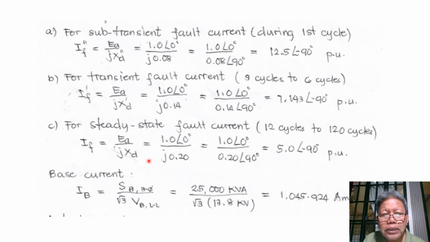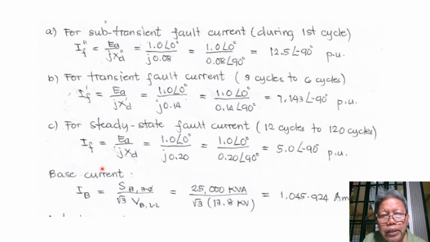Now the steady state fault current, which is from 12 cycles to 120 cycles. In this case the fault current has stabilized to a constant value, because during this time the graph of the fault current has stabilized.